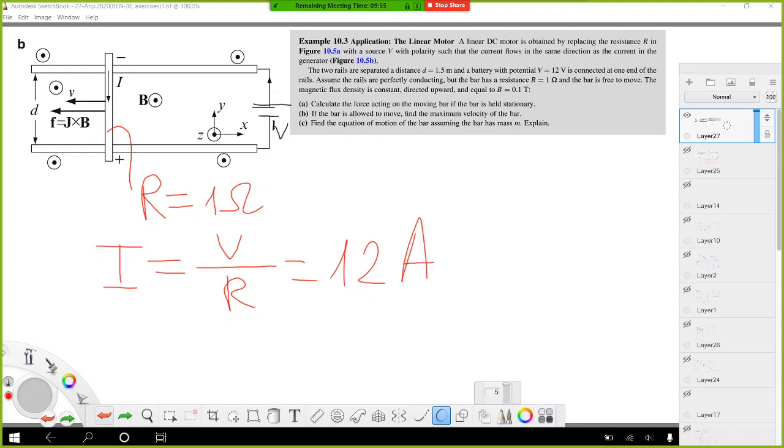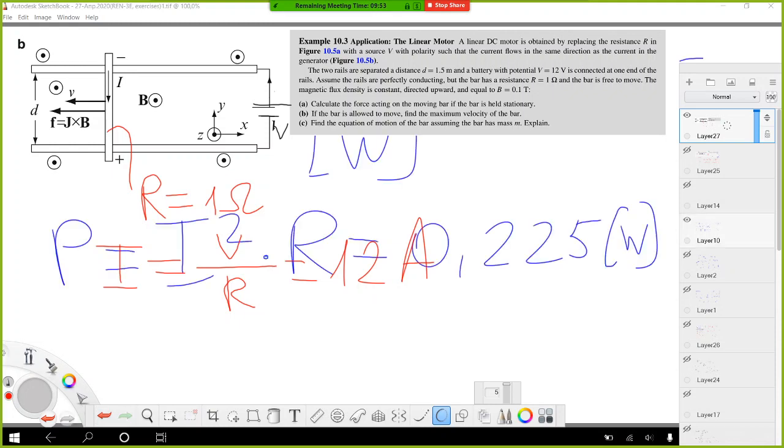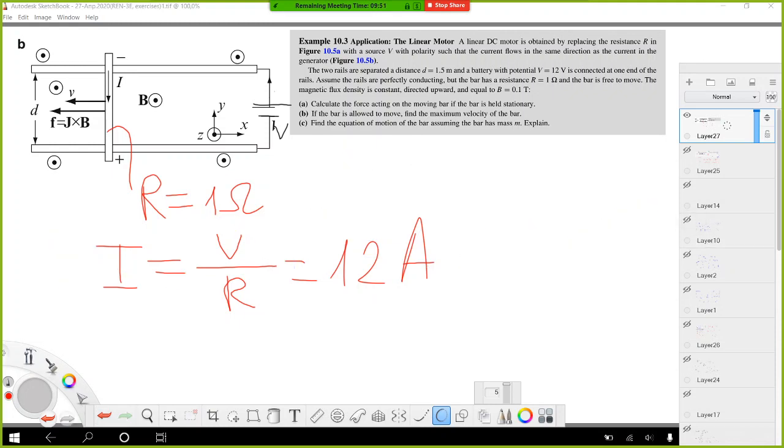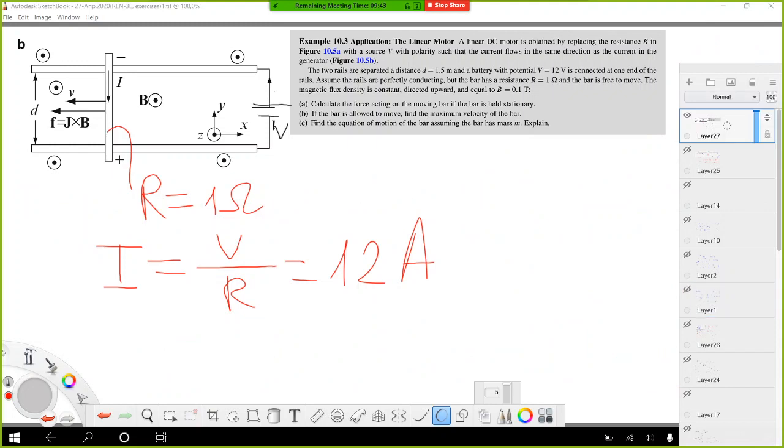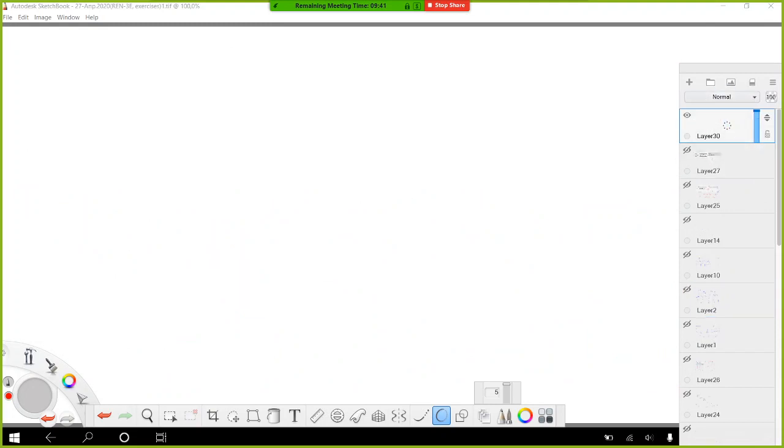Let's use the previous equation where force is found as the integral of, okay, let's use this equation.